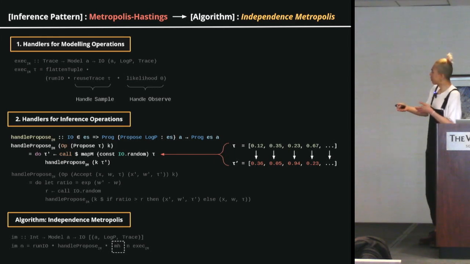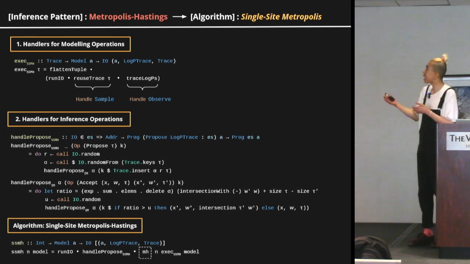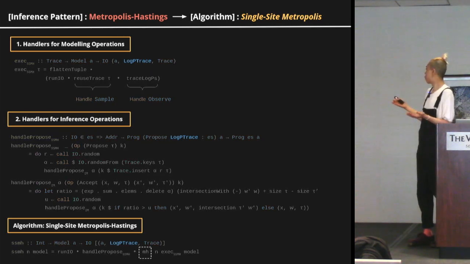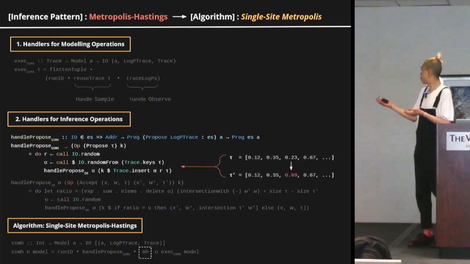One solution to this is single-site Metropolis, which you can derive in the exact same way just by swapping around some parts. Here, I've just changed the type of our weights, how we execute the model, and how we propose and accept. The key difference is in how we propose.